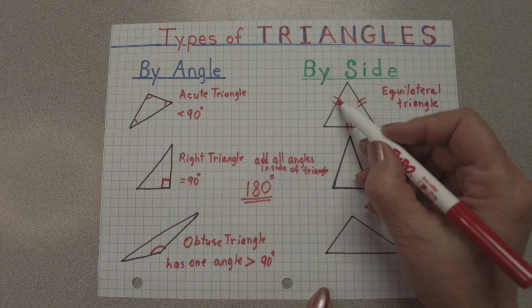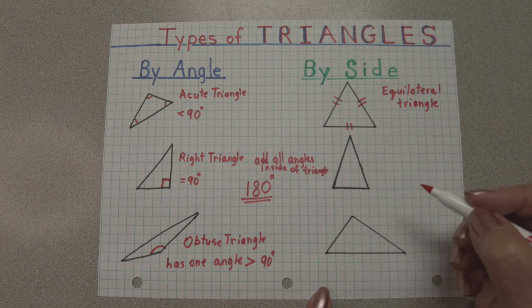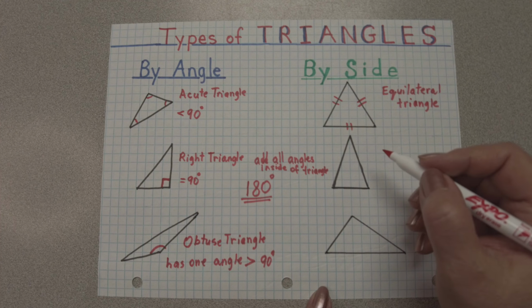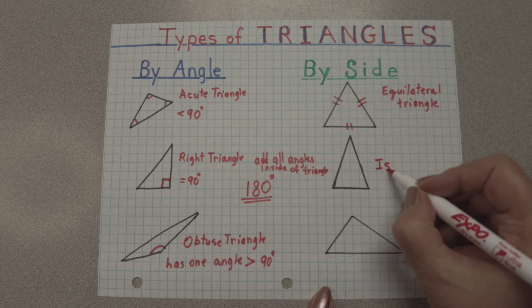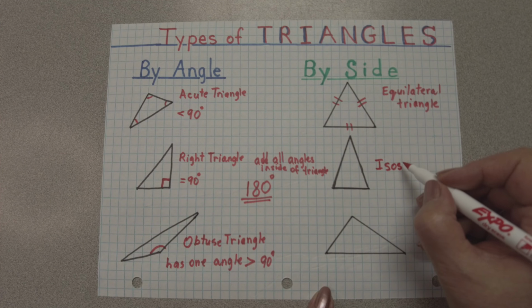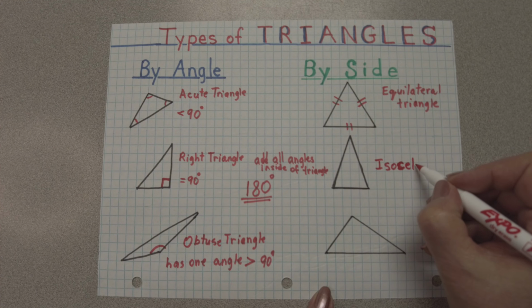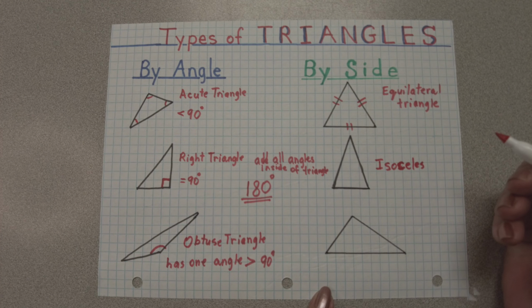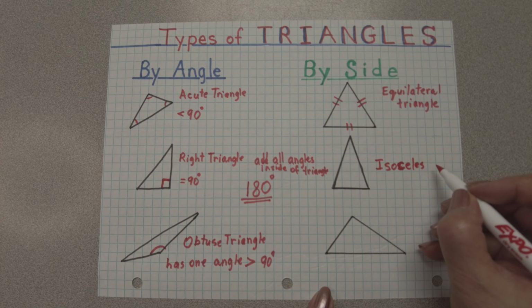Okay, so equilateral means equal sides. The next one we call isosceles, or we could also call it isoscale.